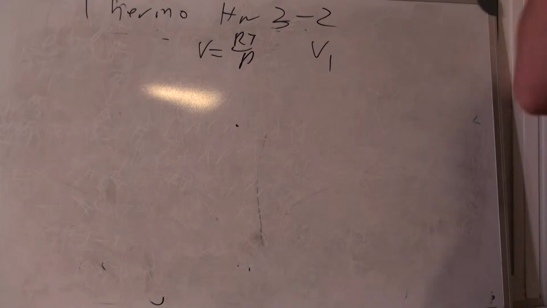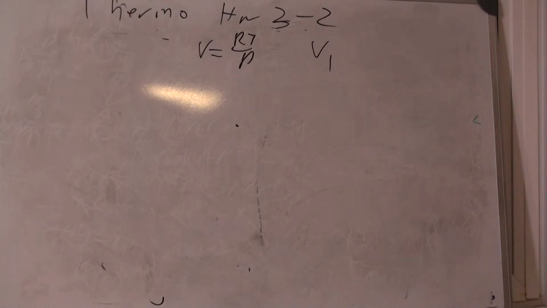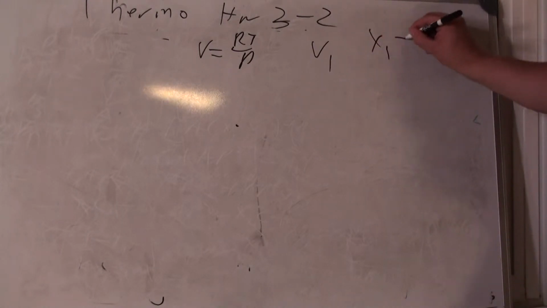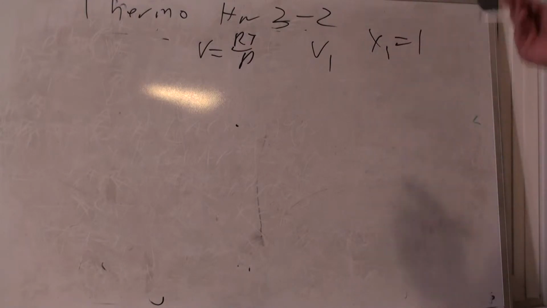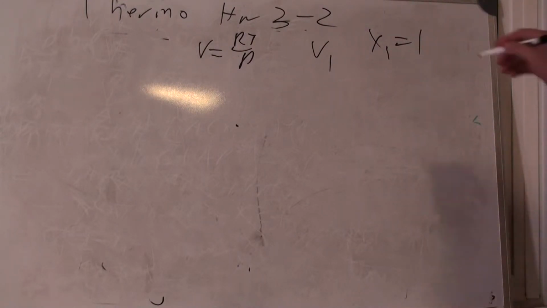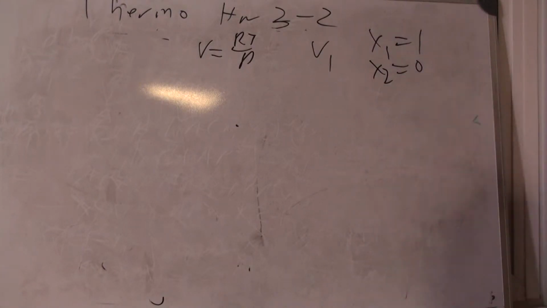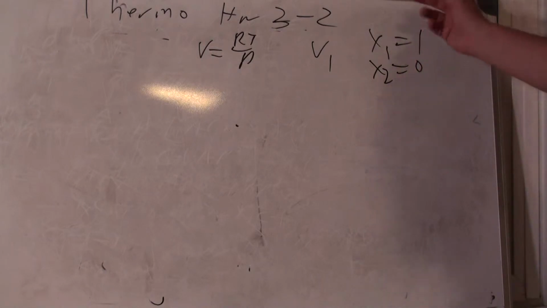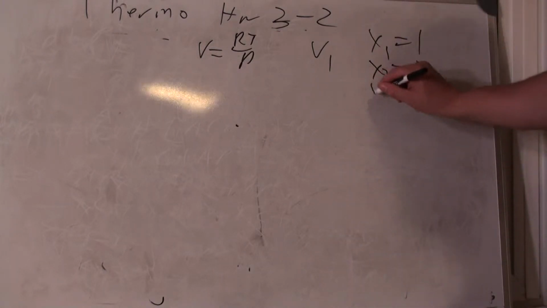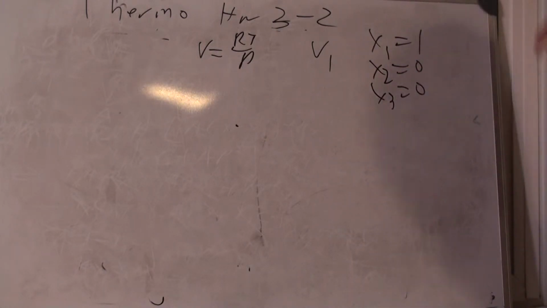And what does pure system mean? That means that x1 is equal to 1. And if x1 is equal to 1, what is x2 equal to? That's right, it's equal to 0. And what is x3 equal to? Last time I checked, 100% has to be 100%, so x3 also has to equal 0.